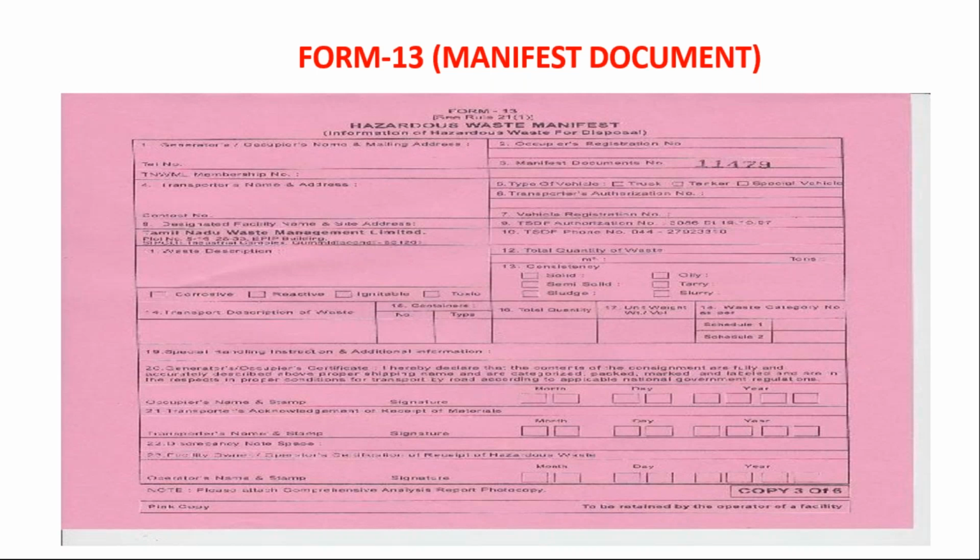So this is Form 13 of this manifest document. So you will have an idea of what exactly Form 13 is. It is related to Rule 21 of hazardous waste manifest, information of hazardous waste for disposal, right?